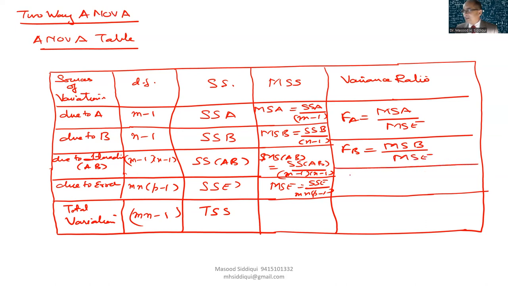Then we examine F of AB, that is MSAB divided by MSC. And accordingly, we examine whether A has a significant impact, whether B has significant impact, and the last one is whether the interaction has significant impact.